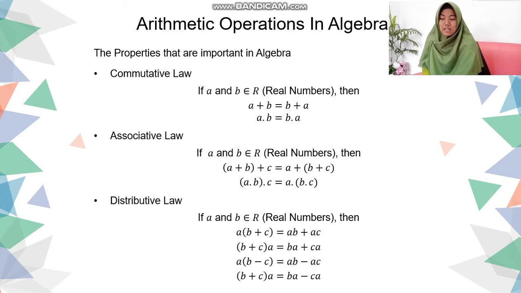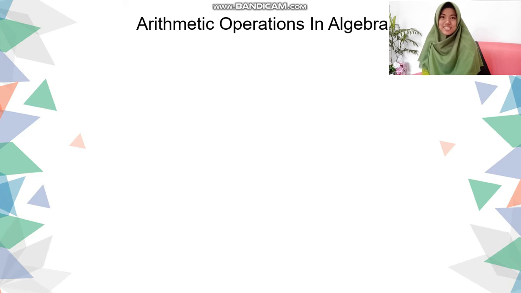A times (B minus C) is equal to AB minus AC. (B minus C) times A equals BA minus CA.